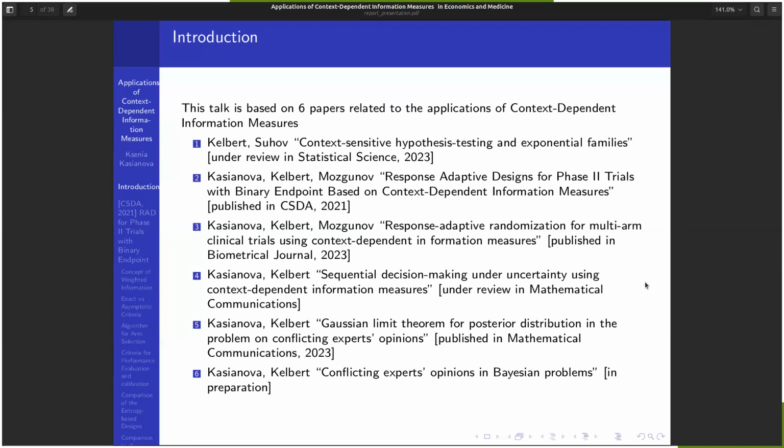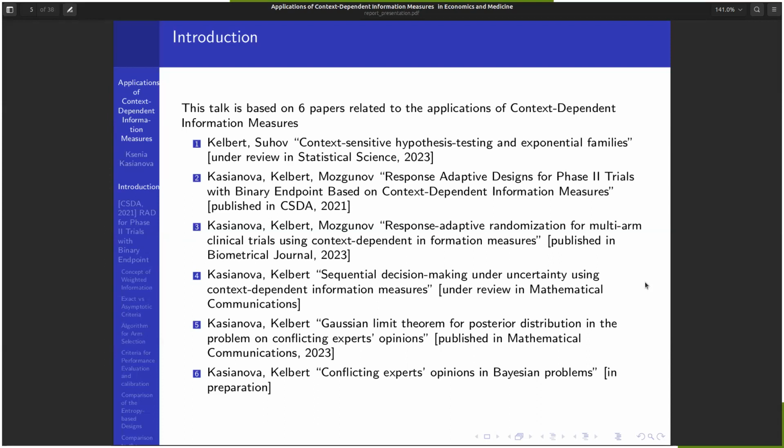In papers 2 to 4, we work with sequential decision-making problems. In papers 2 and 3, it is related to medical application and application to clinical trials. And in paper 4, we apply this search problem methodology to economic problems.